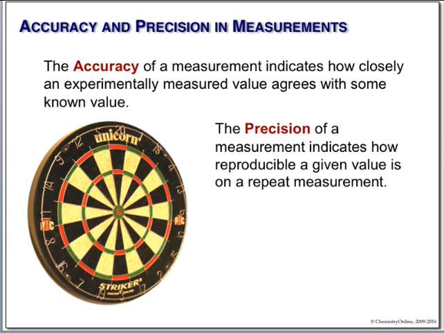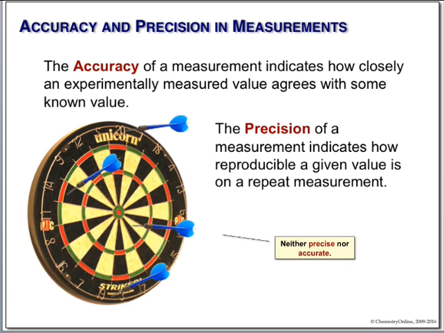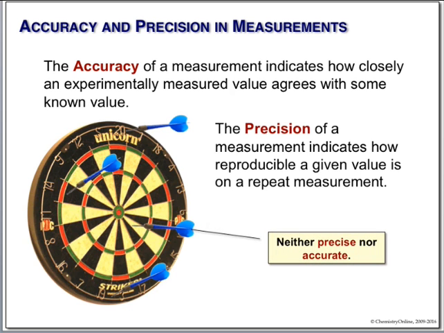All right, so let's start off with my dartboard here. We're obviously aiming right here at the middle. Our first set of darts, well, this is neither precise nor accurate. So if we had a measurement like this, this would be basically a bad measurement.